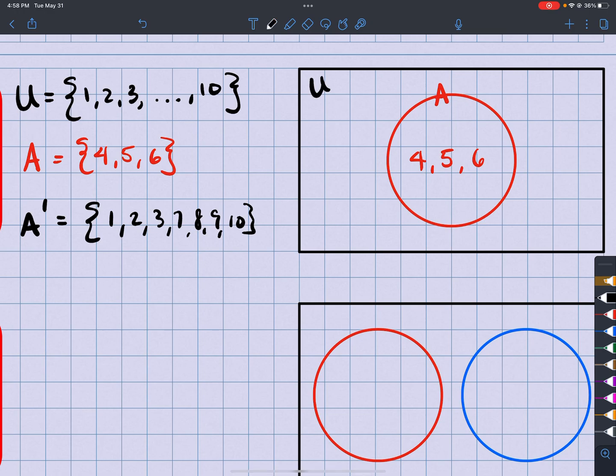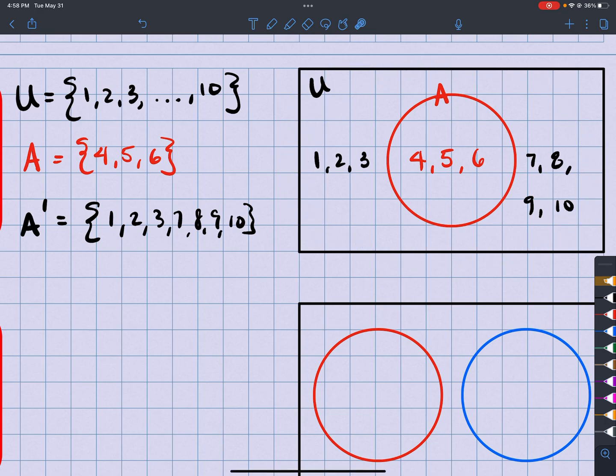The rest of the universal set has 1, 2, 3, 7, 8, 9, and 10. So again, everything inside this whole box has 1, 2, 3, 4, 5, 6, 7, 8, 9, 10. The universal set means this whole thing.